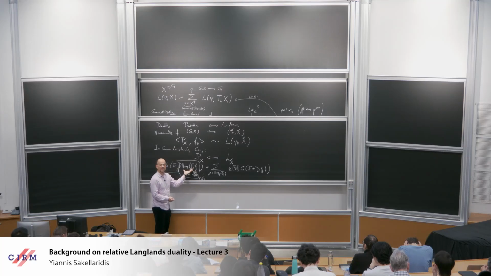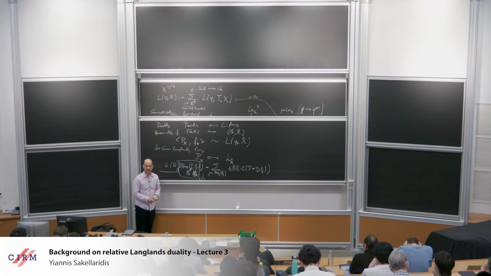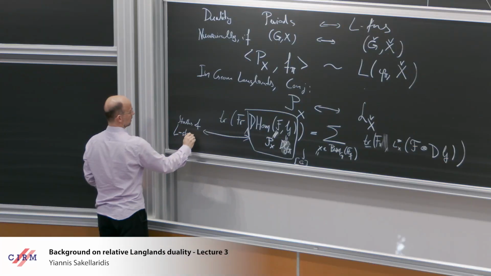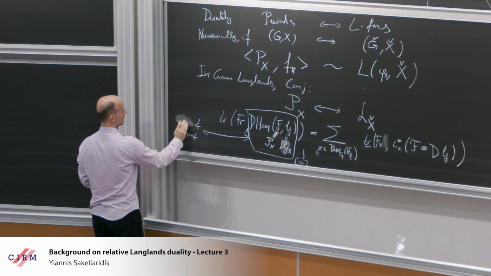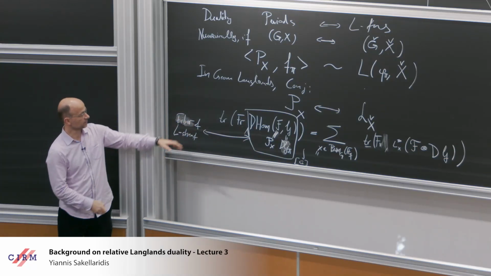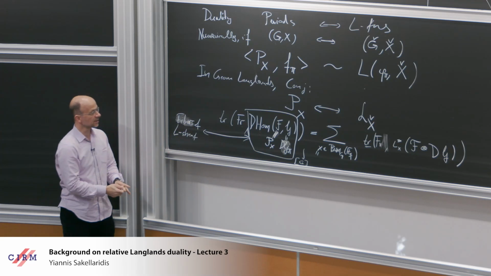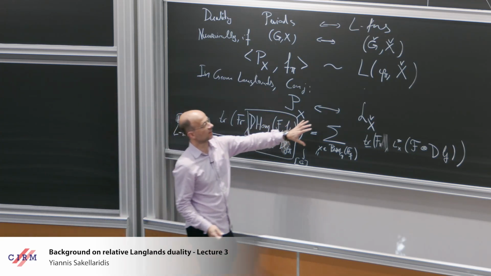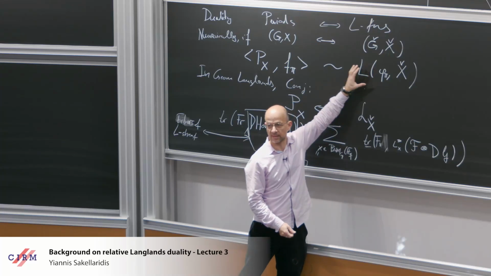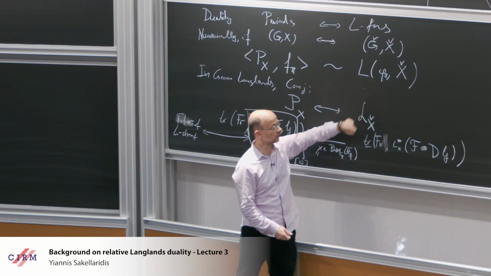So this translates to a calculation of the stalks, sorry, the fibers of the L sheaf. This is a coherent type sheaf. That's why this matches the relation between periods and L functions.